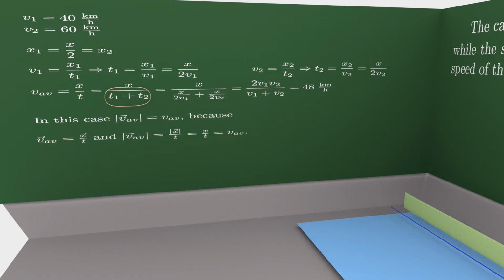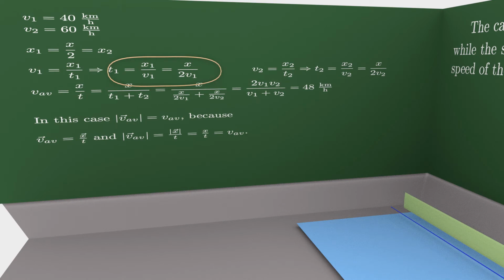From the first half of the motion we have v1 equal to x1 over t1, and from here t1 is equal to x1 over v1. But because x1 is x over 2, we finally have t1 is x over 2 v1.